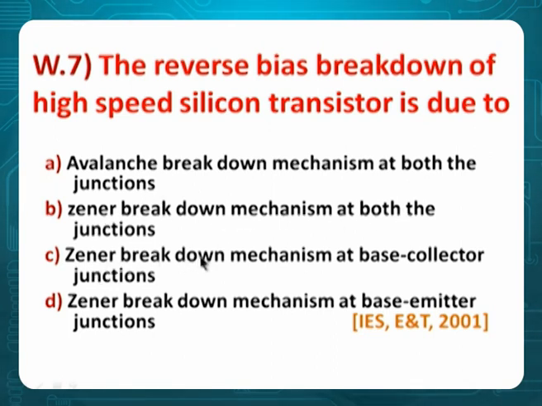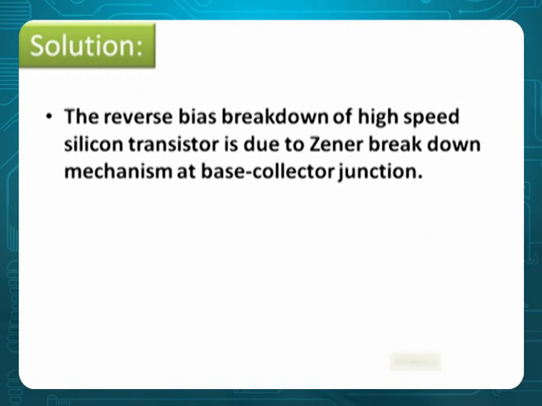No. Zener breakdown mechanism at base collector junction? Zener breakdown mechanism at base emitter? Reverse bias is basically at base collector, because in a transistor input is forward and output is reverse. Therefore, my option is C.